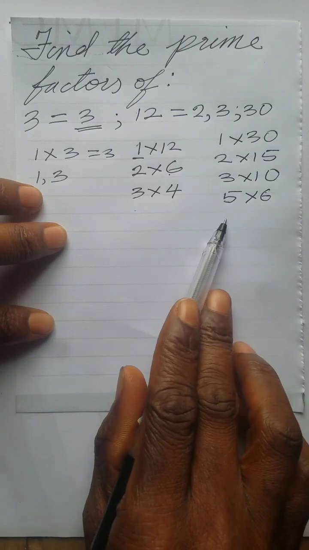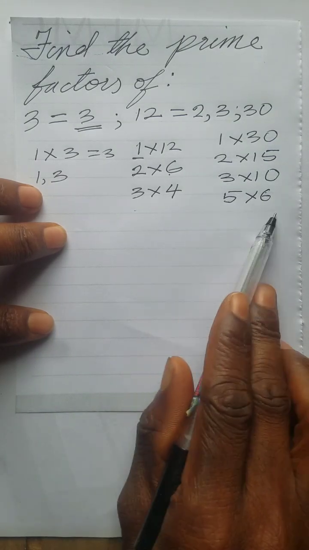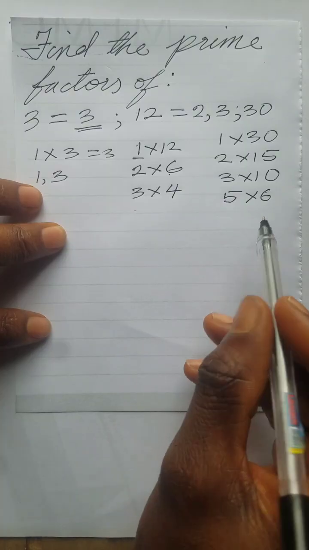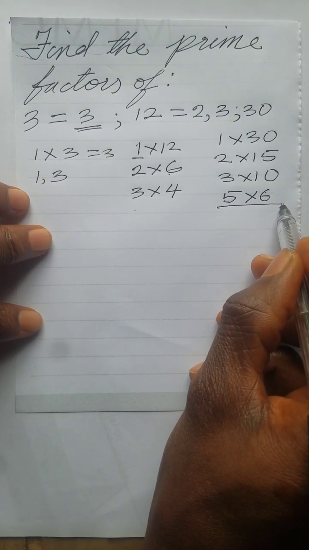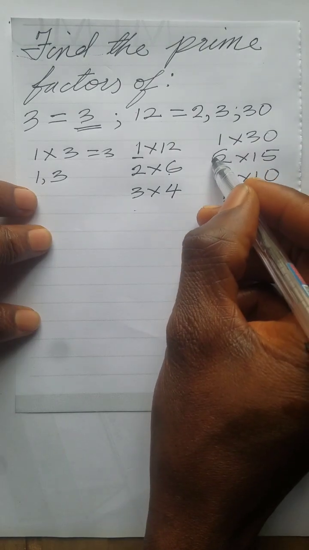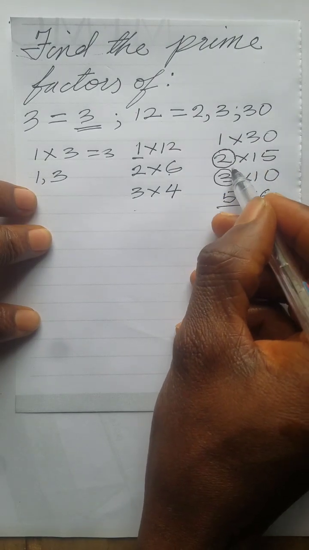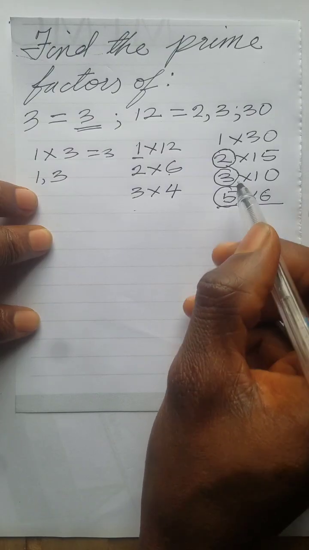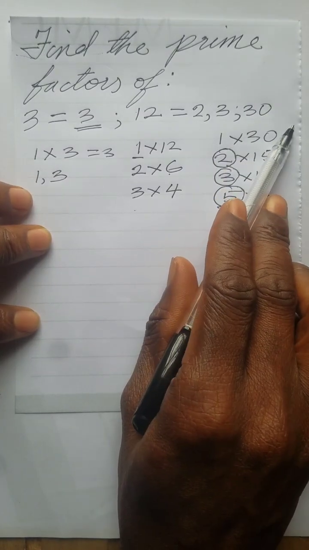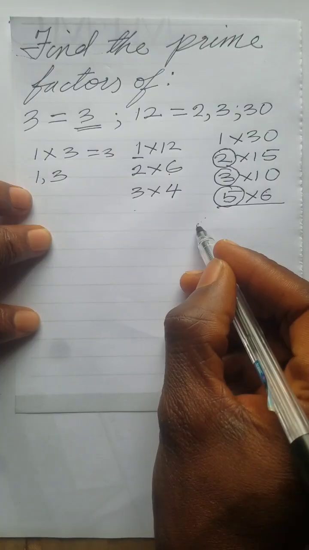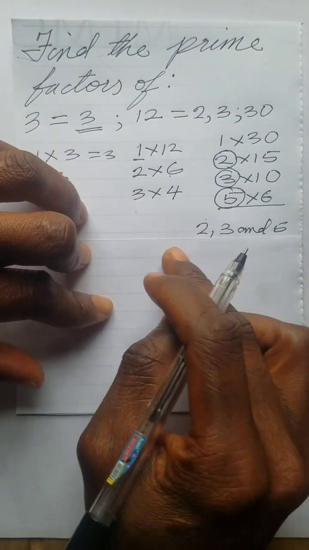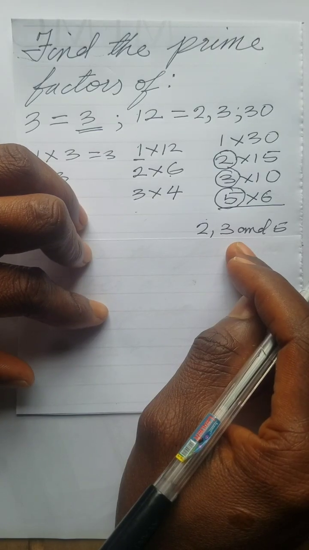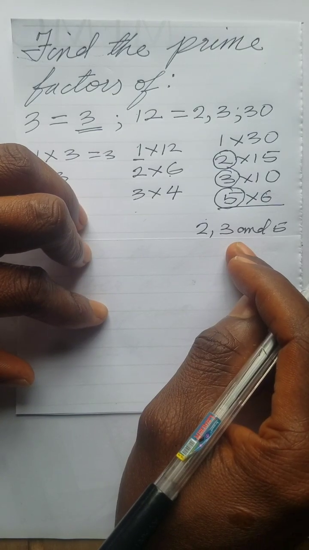Again, the next is 6 times 5, but it's already here. So that means that's the end of our factors. But which of them is prime? We only have 2, 3, and 5. So the factors of 30 that are prime are 2, 3, and 5. That's one way to find the prime factors of any number.